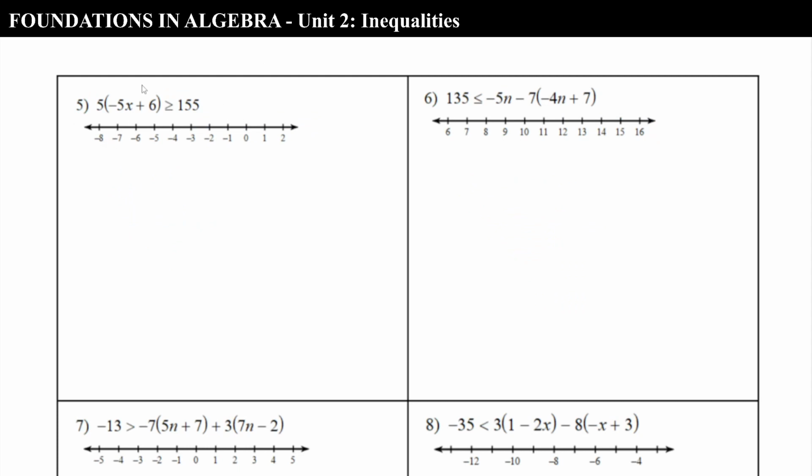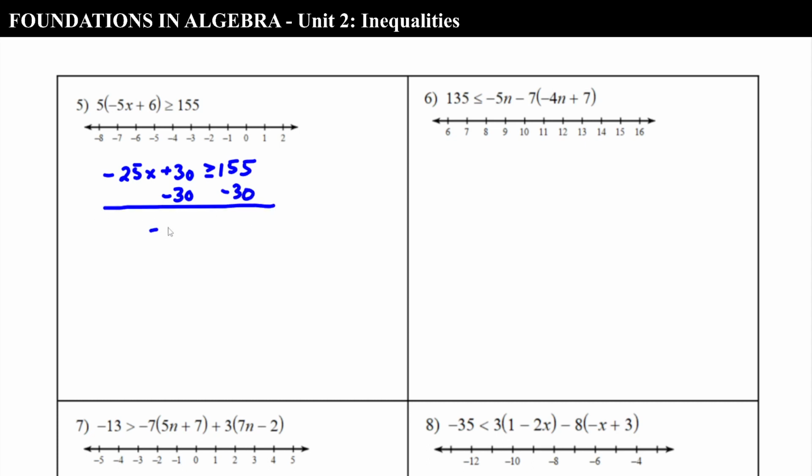For number 5, we are going to distribute. We have negative 25x. 5 times 6 gives us 30. That's greater than or equal to 155. Then we're going to subtract 30 from each side.